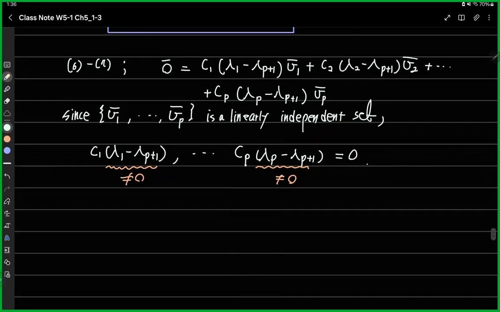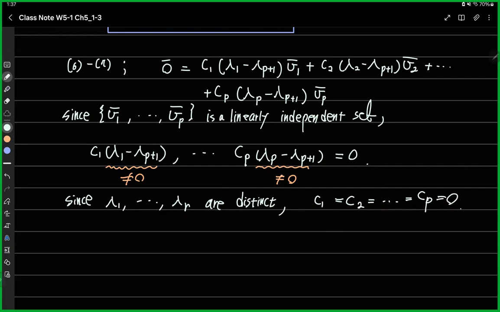Since lambda 1 through lambda P plus 1, not only lambda P plus 1, up to lambda r are distinct, it means that C1 through CP must be 0. C1 equals C2 equals through CP equals 0. That's a contradiction.